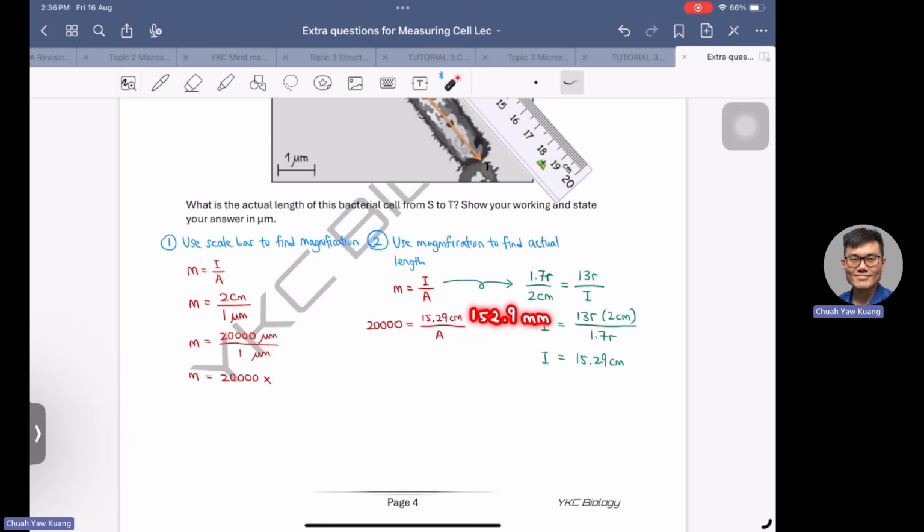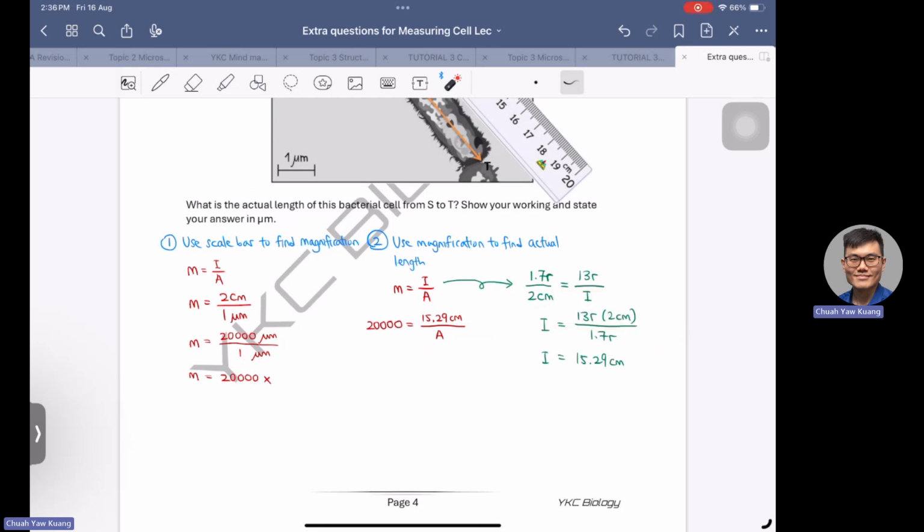From 152.9 mm, I want to change to micrometer, so I need to times another 1,000. When I times one more 1,000, it becomes 152,900 micrometer.